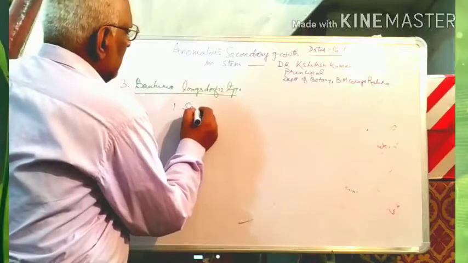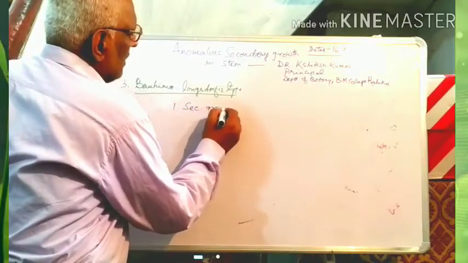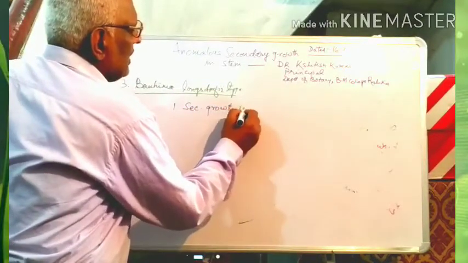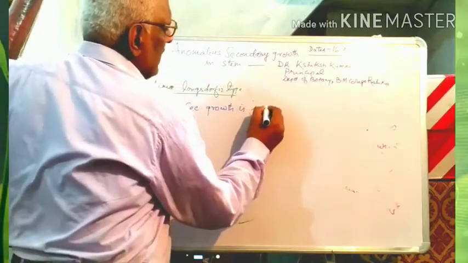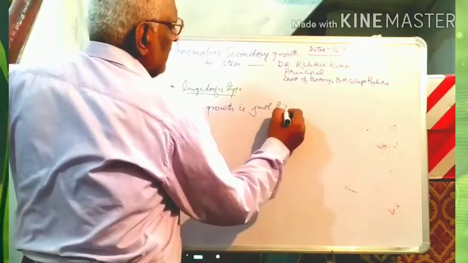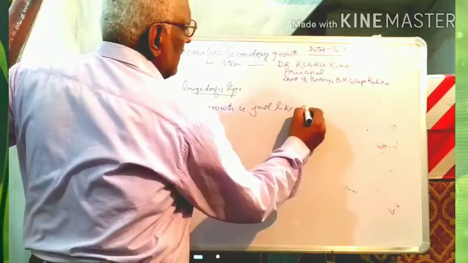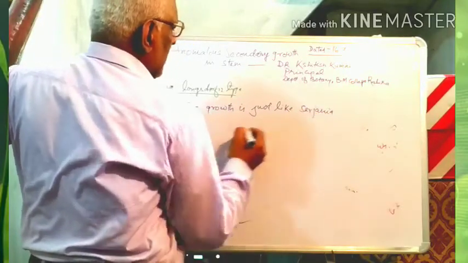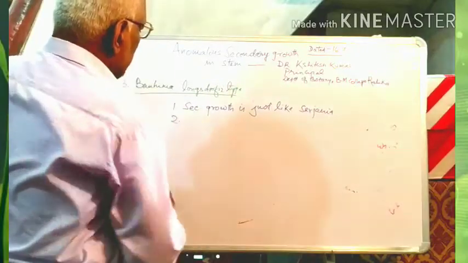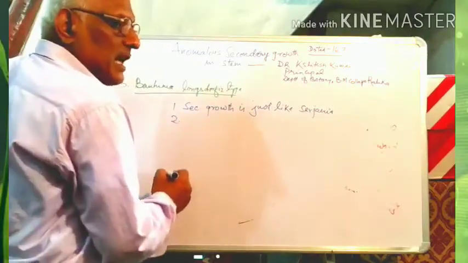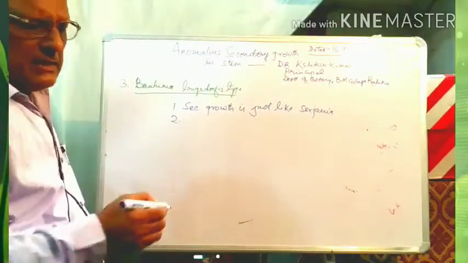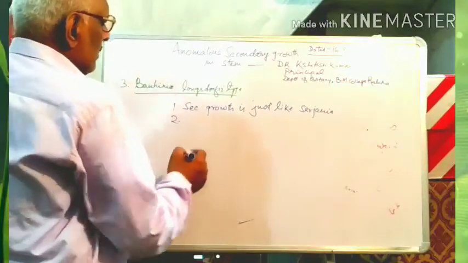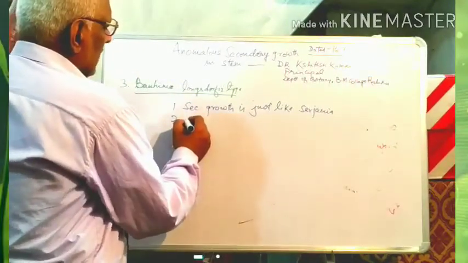The secondary growth is just like Sergenia, but here what happens? The rings found later on in Sergenia in the process of secondary growth are broken.